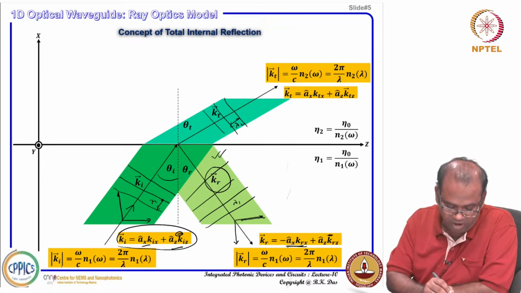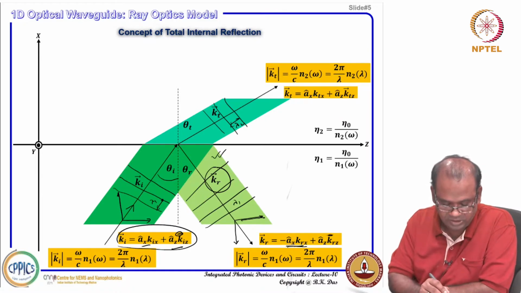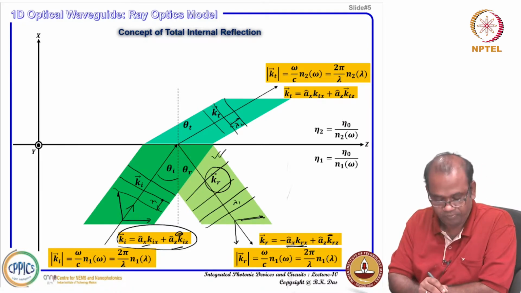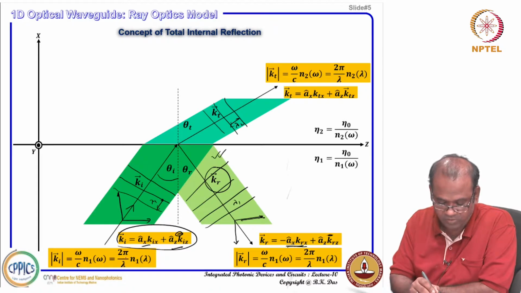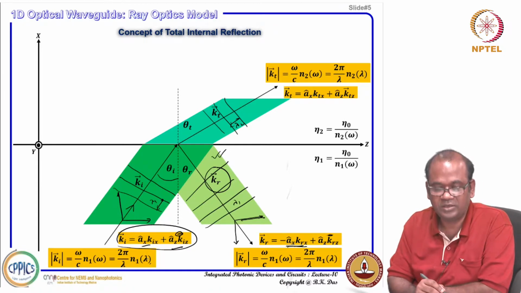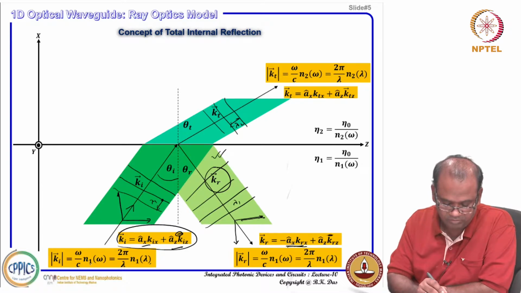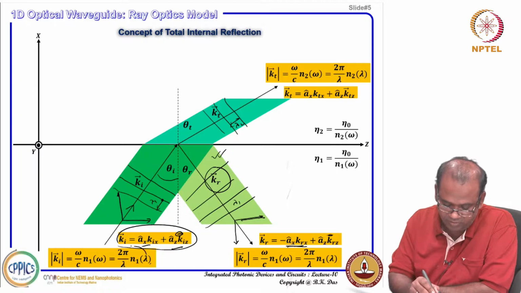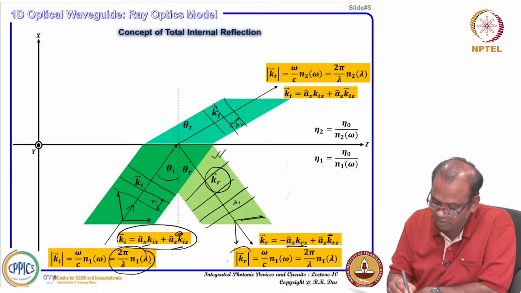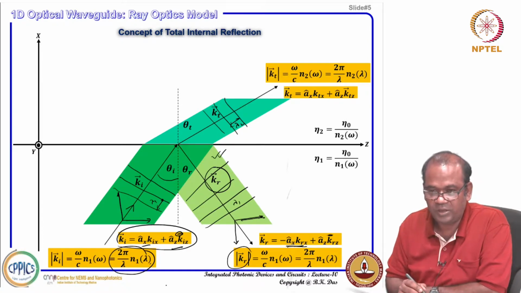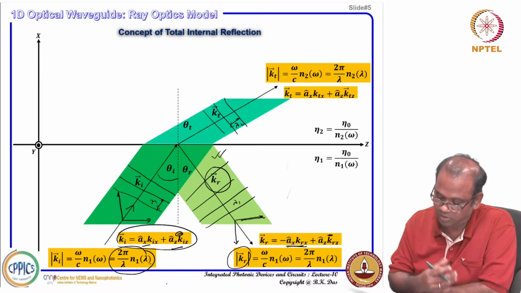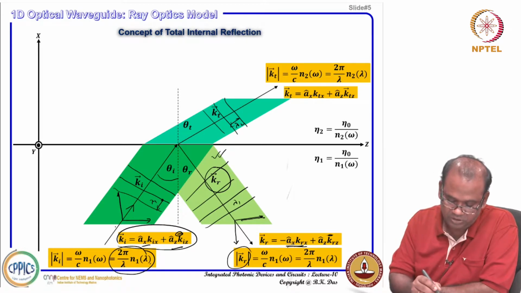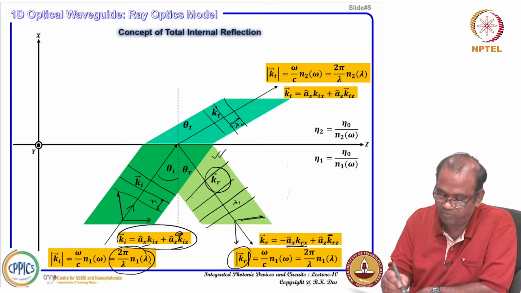And we can define k I as the wave vector. You know, the wave vector we discussed earlier will be omega by c times n1, or 2 pi by lambda times n1. That is the wave vector. Depending on the medium, you have n1, and we take its magnitude, so you can ignore the direction. Whatever value you get, k r also will be the same, since the wave number is the same in the same medium, incident wave and reflected wave being in the same medium.